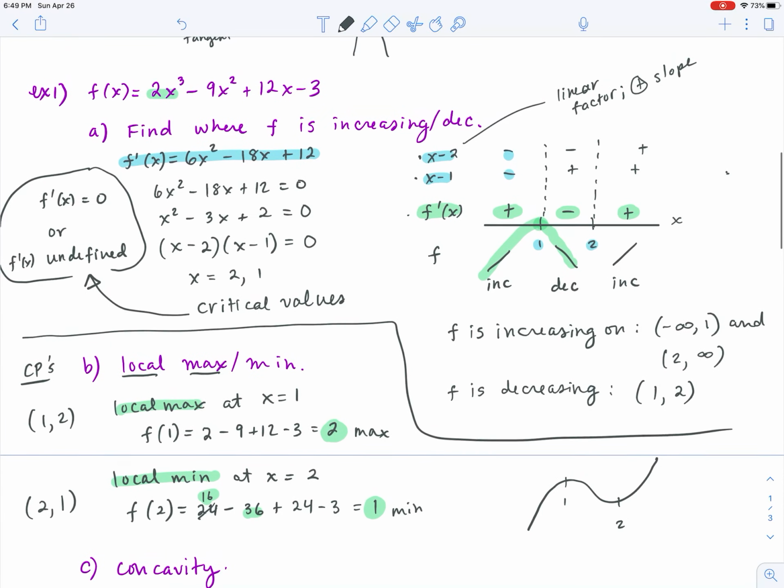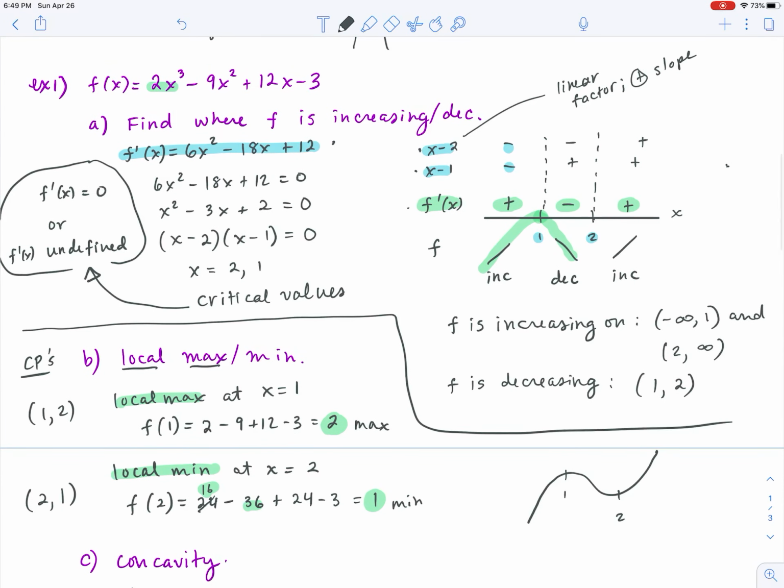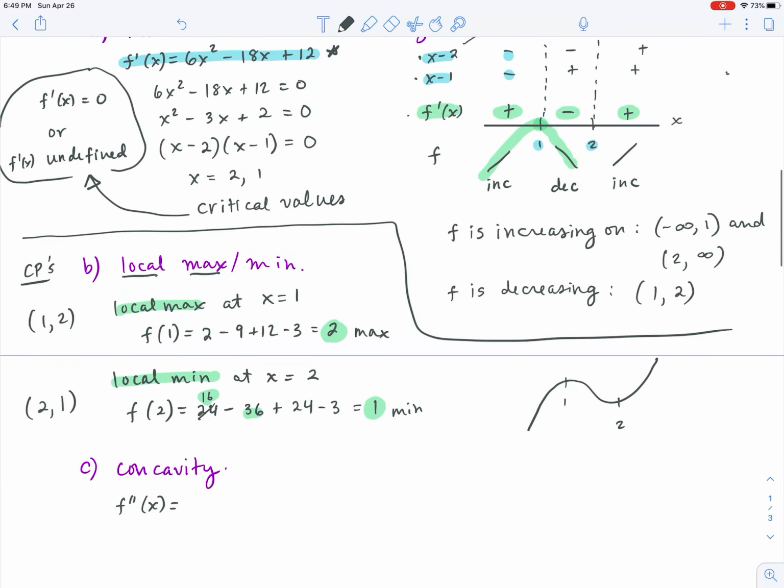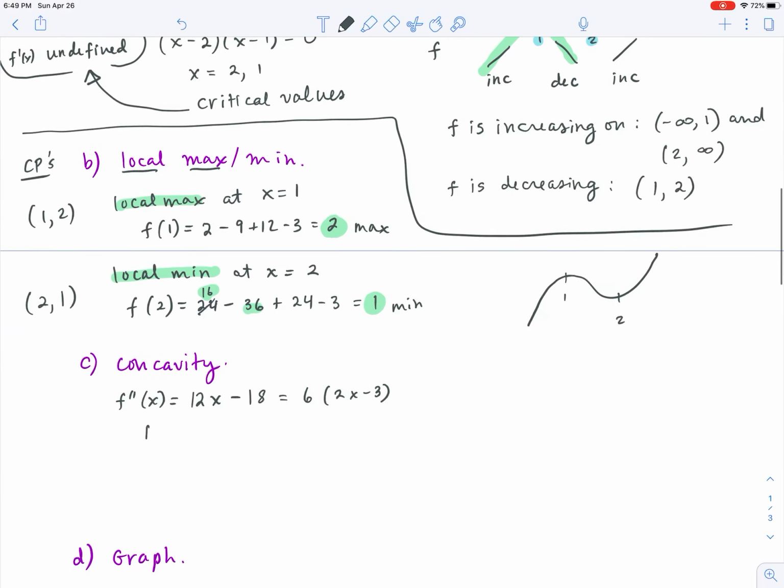So I'm going back up to look at the first derivative. It's right here. And the second derivative is going to be 12x minus 18. And we can take a 6 out: 2x minus 3. So when we set the second derivative equal to 0, that's going to happen when 2x minus 3 equals 0, or x equals 3 halves.